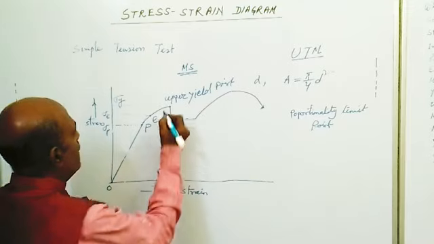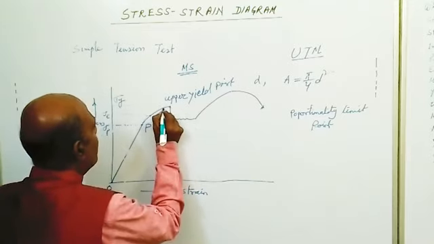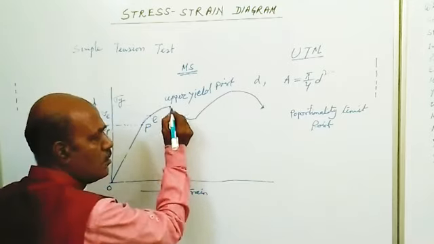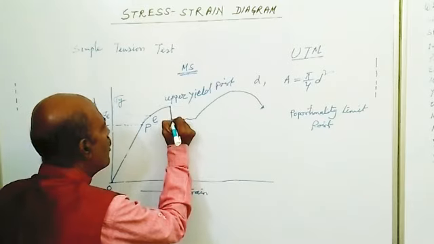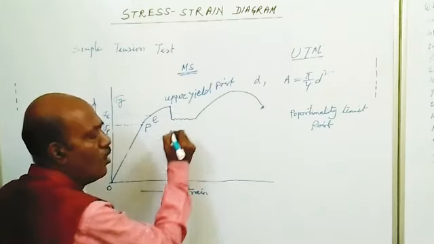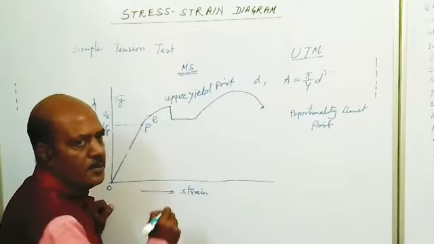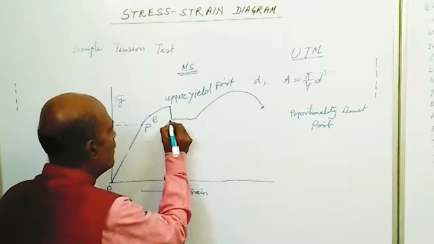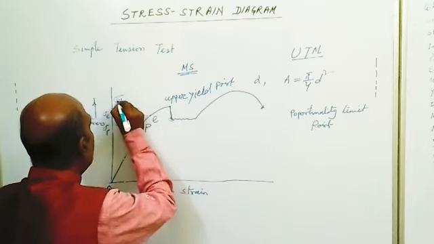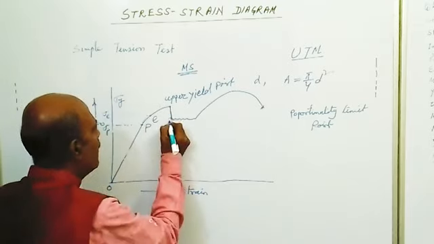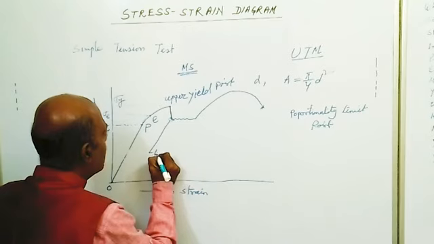So it is seen that when this upper bound is crossed, the material body will deform or yield at a much lower stress value than the upper yield point. This point is known as the lower yield point.